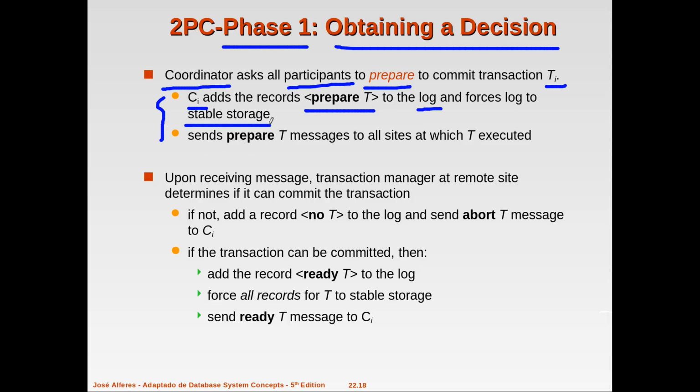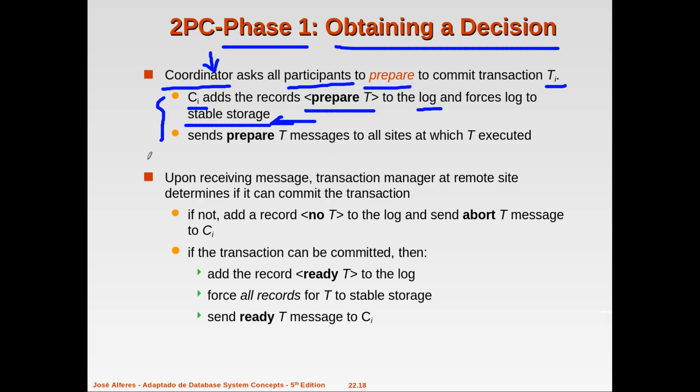So the coordinator forms a message prepare T, and this message is stored in its own log in the stable storage of the coordinator site. It is actually for any recovery. If later any failure happens, by looking into the log we can identify when it failed, and accordingly we can act.